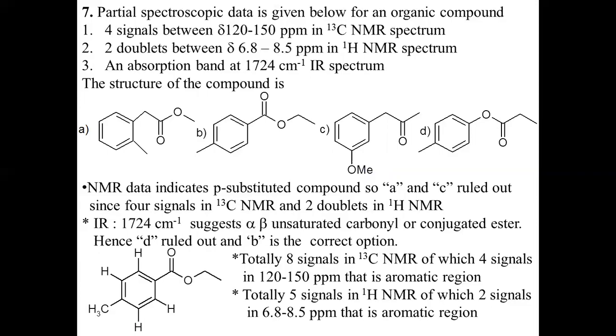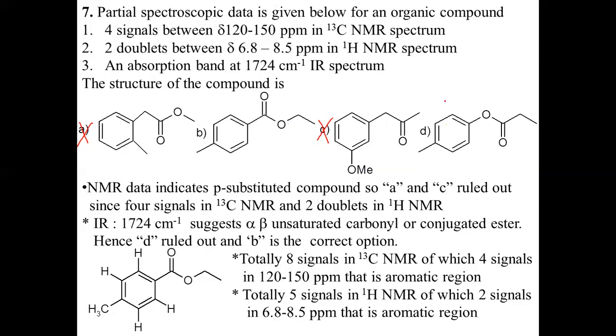When you see 2 doublets in the aromatic region in the proton NMR, you can be sure that it has to be para-substituted. Now you look at the options. This one is not para-substituted, so you can omit it. B is para-substituted, C is not para-substituted, so rule it out. D is of course para-substituted. So your option is going to be between B and D.